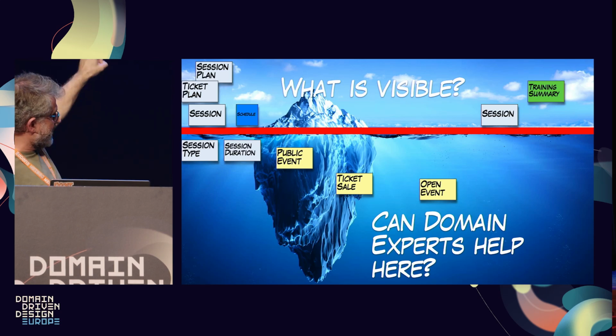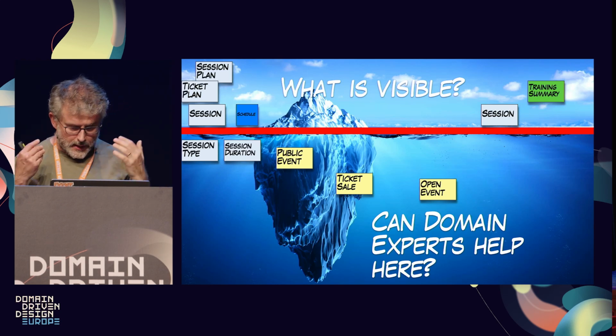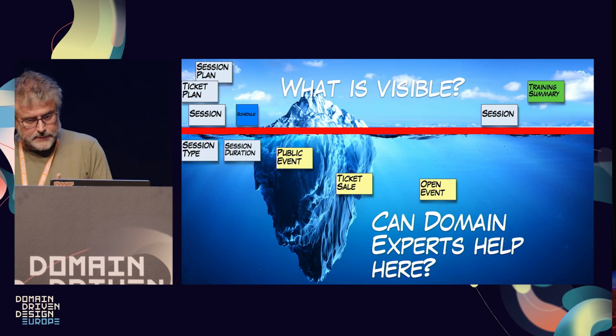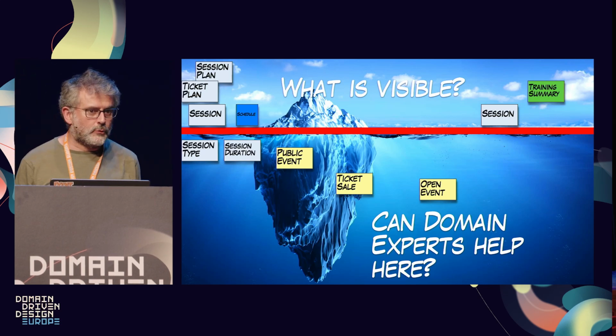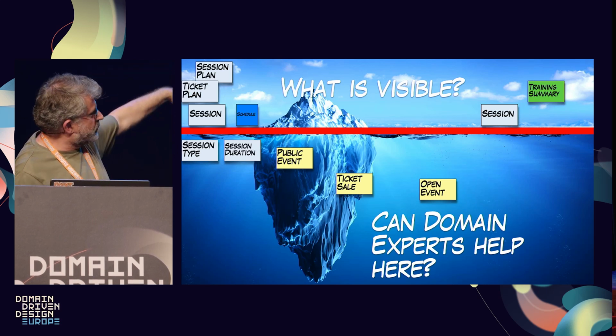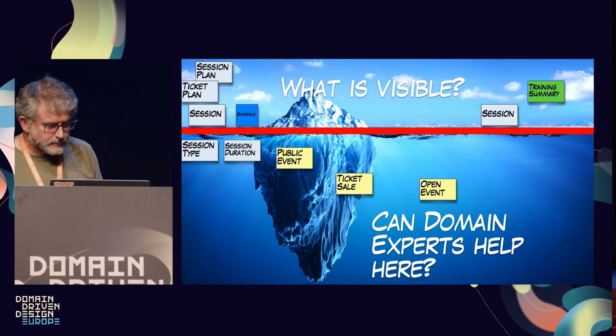But there's something under the hood, which is our responsibility, and we need to be free to develop according to design principles, semantics, coherence, and a lot of other stuff that many business experts don't care about. So if we let them guide also in the underwater part, we might not be in the right place.